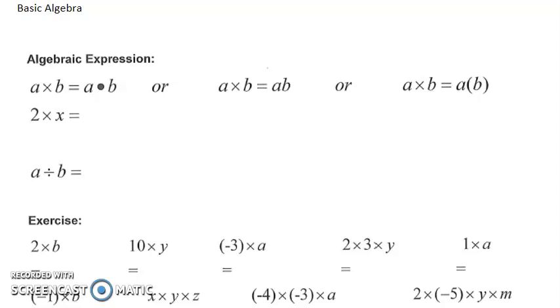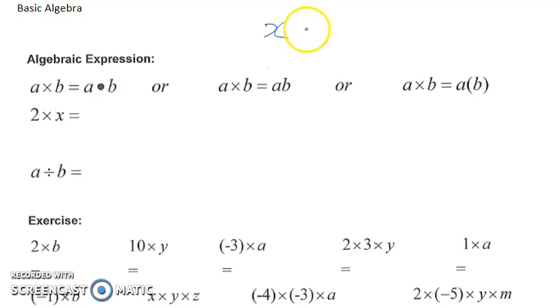If you look at the first one, a times b, often in algebra we put it as a dot in the middle, or we can also say ab is the same as a times b. You could say mathematicians are a bit lazy, but the reason we got rid of the multiplication sign is because we use x a lot in algebra as our unknown, our variable.